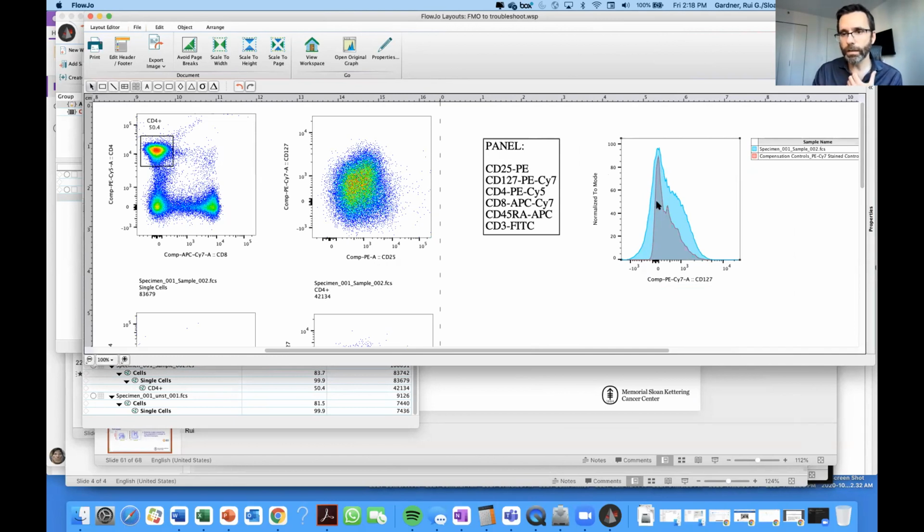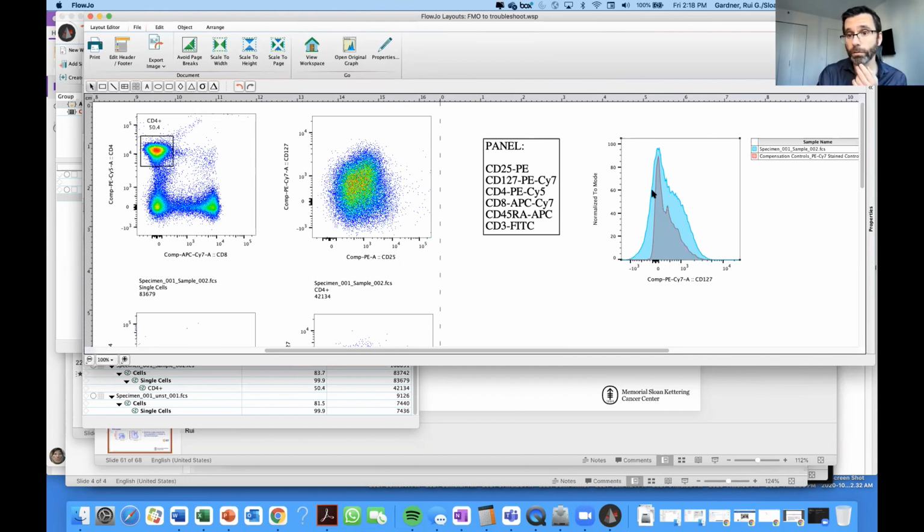You can see that this would most likely be the distribution of the negative control, and then we have the positive. It's going to be a continuum of CD127, but the negative is quite tight, right? And actually, I could show you if you'd like.